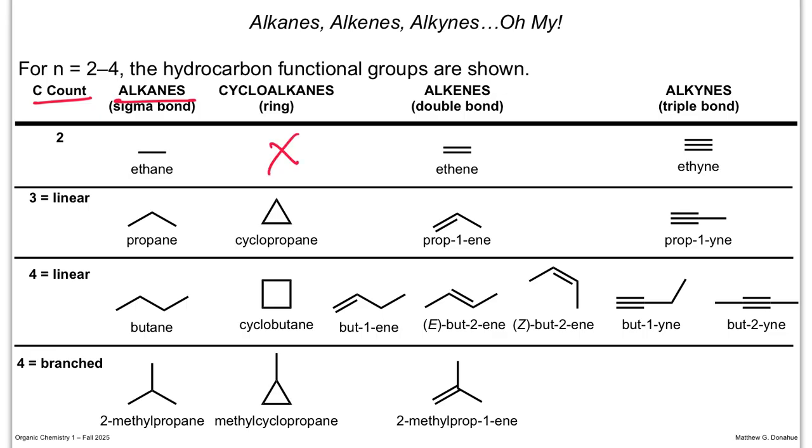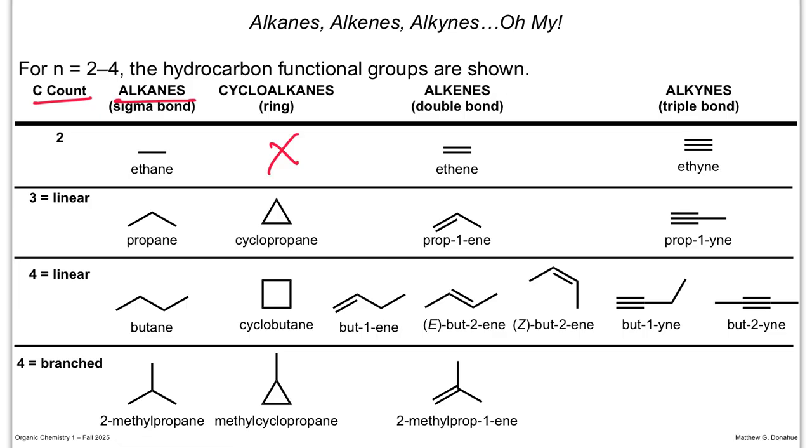Notice here you can't do that. You can't have 2 carbons and make a ring unless you're dealing with some multi-dimensional math or something.